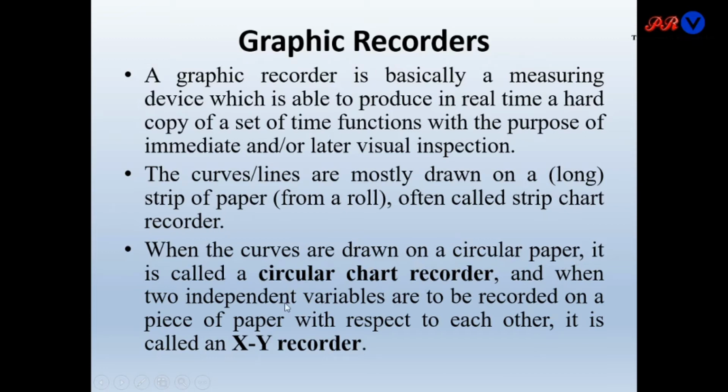And when two independent variables are to be recorded on the same piece of paper with respect to each other, then these are called XY recorders. These are further analog recorders and digital recorders. For a circular chart recorder we have circular paper, and if we have a strip of paper then it is known as a strip chart recorder.